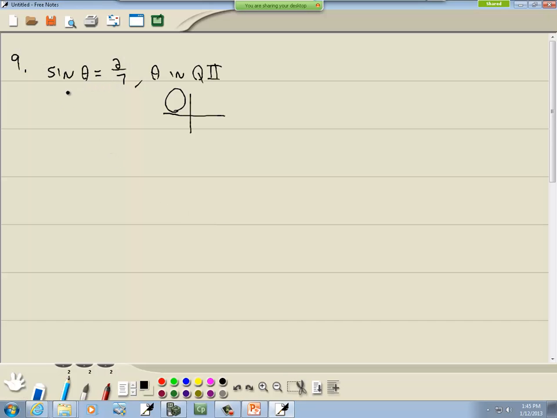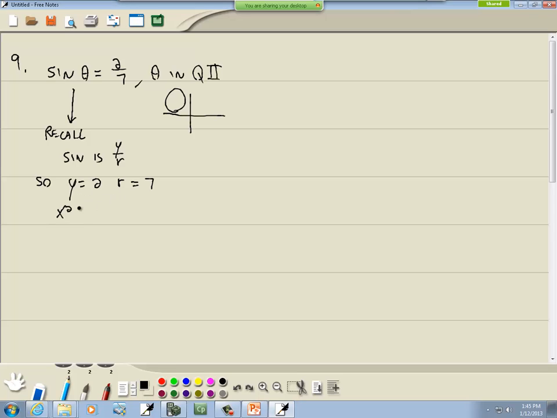Well, from this, recall, sine is y over r, which means y is equal to 2 and r is equal to 7. Now, when you're using these x, y, r formulas, you need to find x, y, and r. Well, we need to have these two.